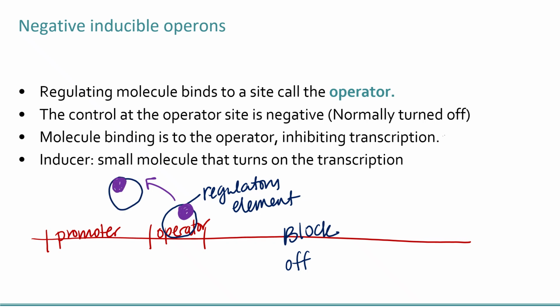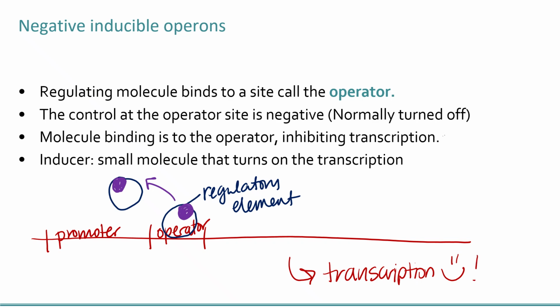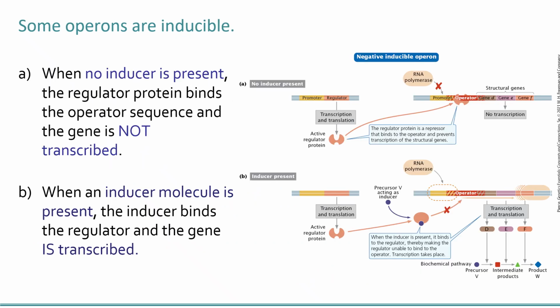And when that happens, we are no longer blocked and transcription can take place. So many of our operons are inducible, which means their default is off and they are turned on.